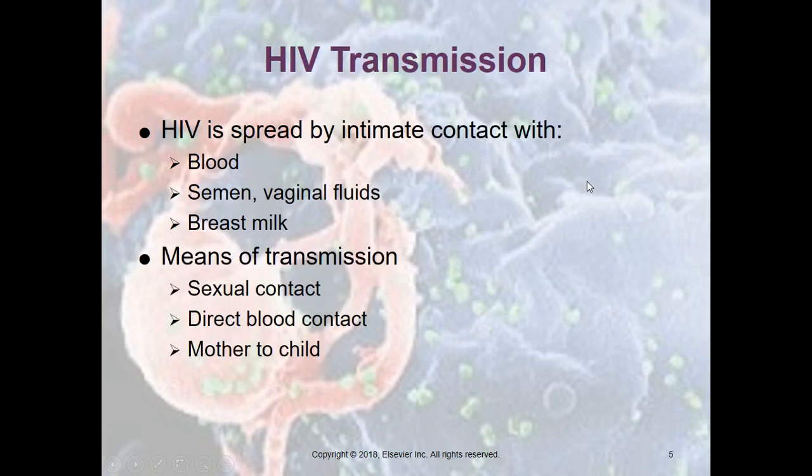So HIV transmission: it's spread by intimate contact with blood, semen, vaginal fluids, and breast milk, and some of the ways that it's transmitted is through sexual contact, direct blood contact, and mother to child. Again, this is a review for retention of some of the information we covered in the previous presentation on HIV.